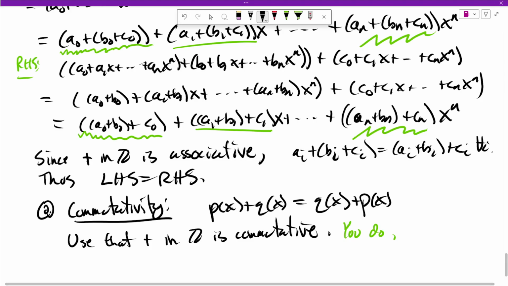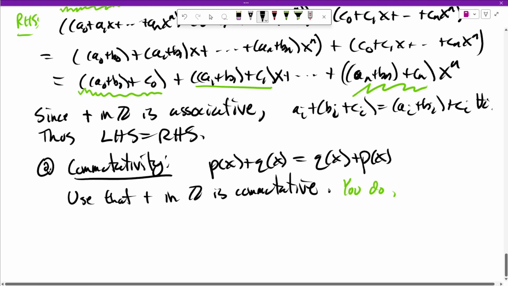Okay. Before we go to the next couple, let me point out something. We just used that addition in Z is associative to prove associativity. We just used that addition in Z is commutative to prove commutativity. So what's special about Z here? And the answer is nothing.